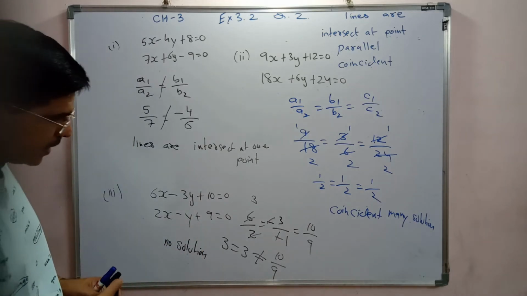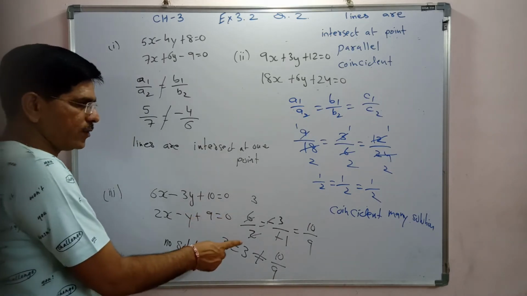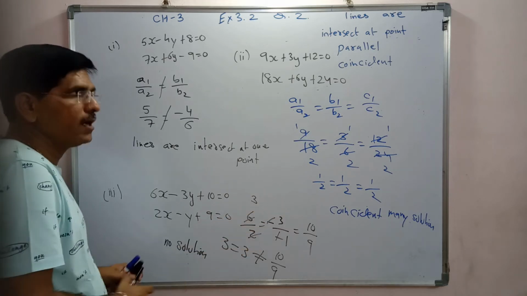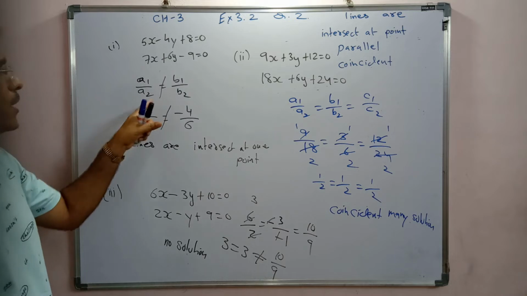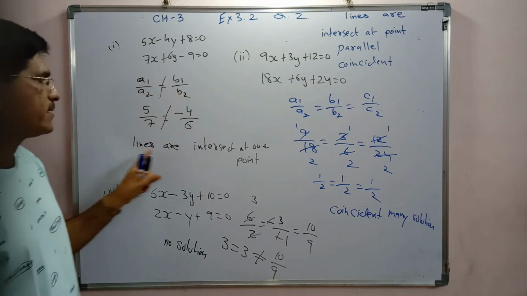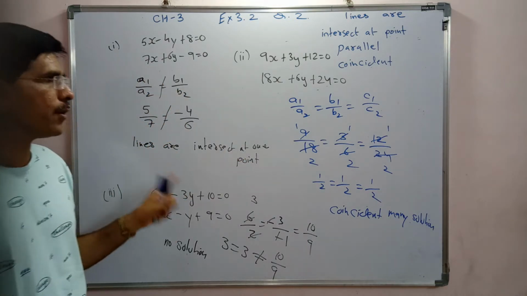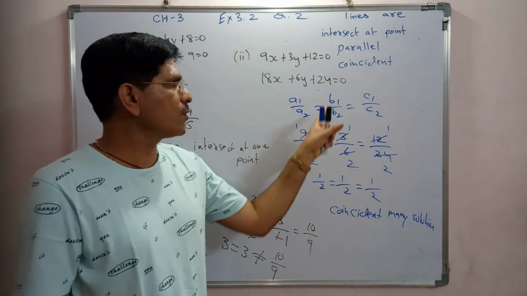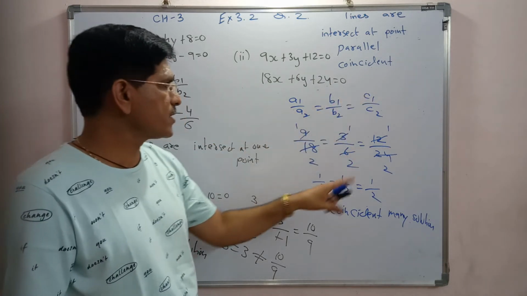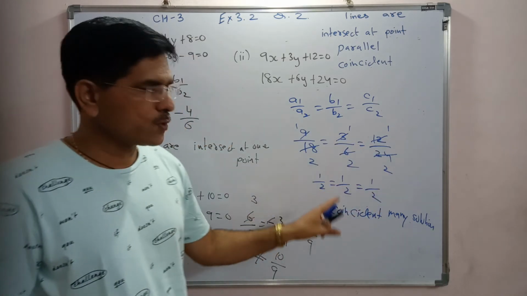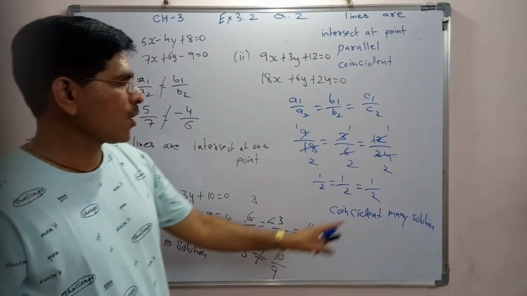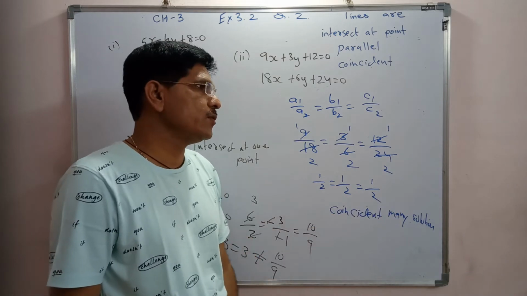When two lines are given, we use a1, a2, b1, b2, c1, c2. Same thing, question number 1: a1 upon a2 is not equal to b1 upon b2, so the lines intersect at one point. Here a1 upon a2 is equal to b1 upon b2 is equal to c1 upon c2. If we put in all the values, all are equal, so it is coincident, or we can say many solutions.